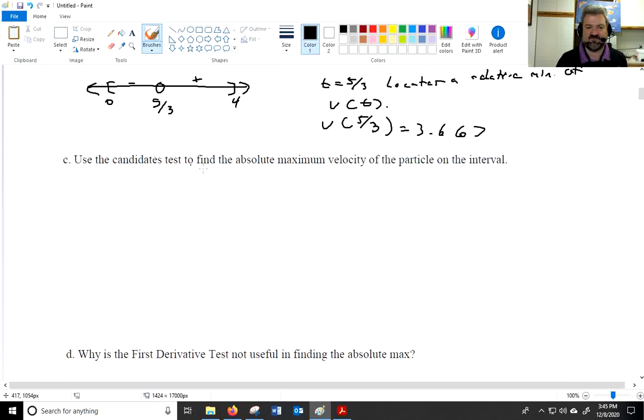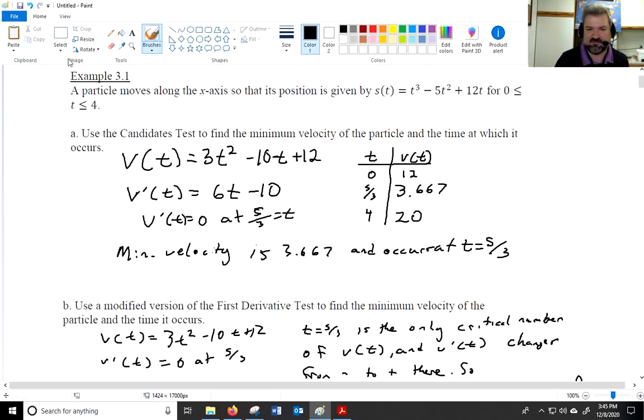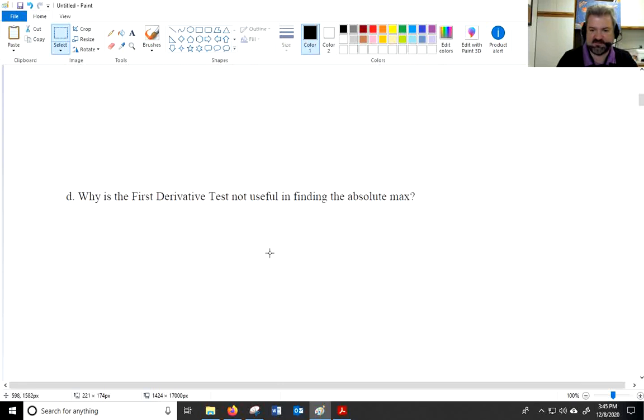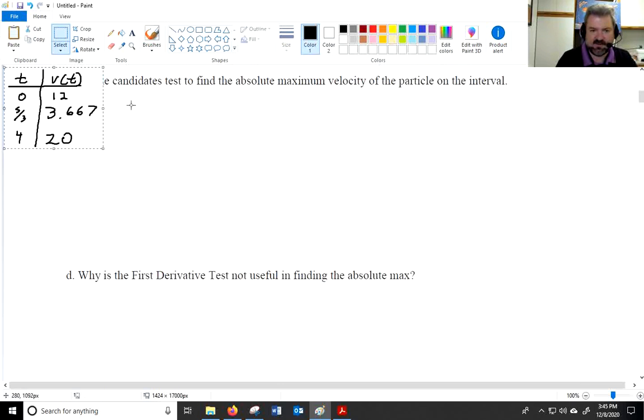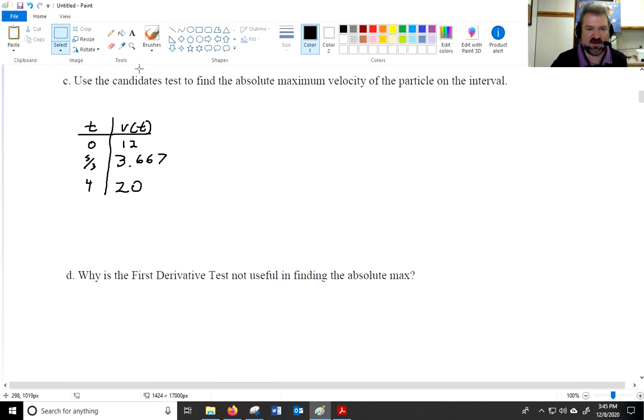Let's use the candidates test to find the absolute maximum velocity. All right, we can do that. Well, I'm just going to use a little bit of computer-aided cheating here, and copy and paste this. All right. Well, we already knew that t equals 5/3 is the only critical number. And we're testing the endpoints.